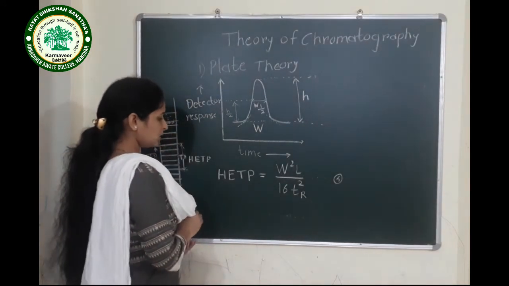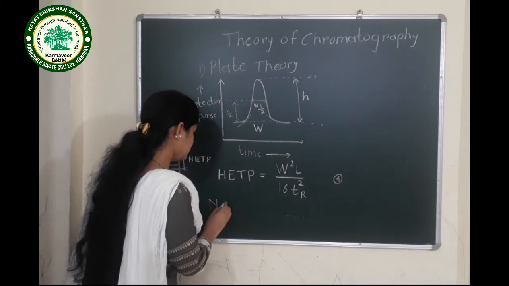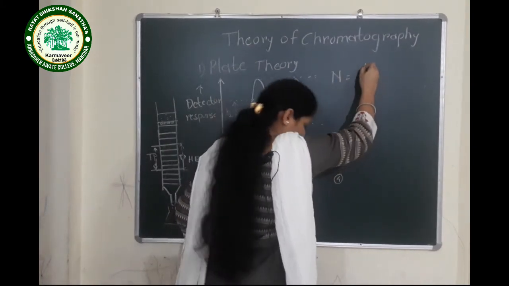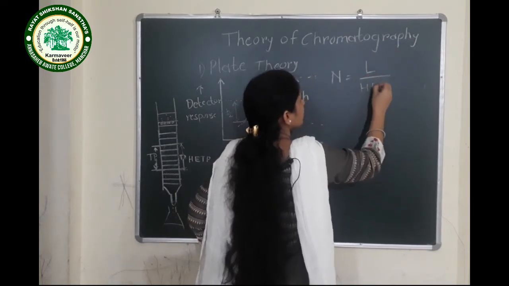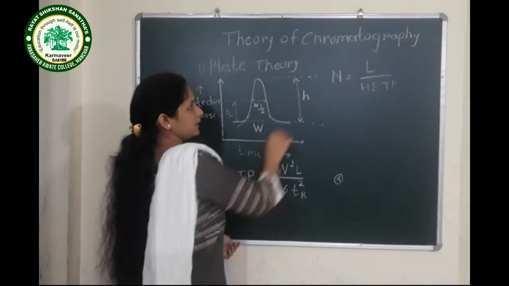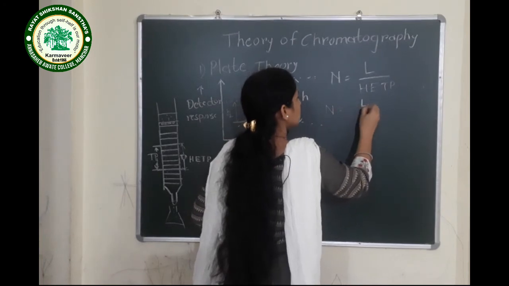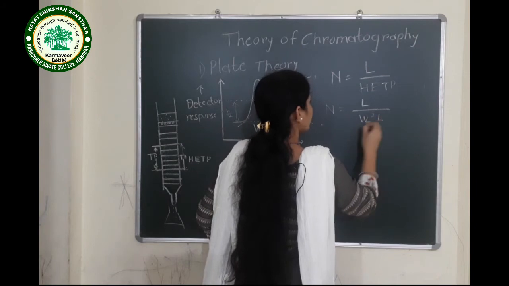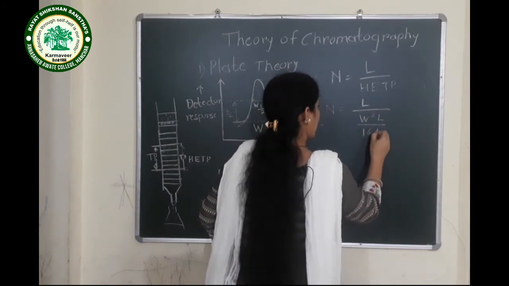Now our equation of the number of the plate is N is equal to L upon HTP. Now we will put this value of HTP in this equation. N is equal to L upon W square L upon 16 TR square.